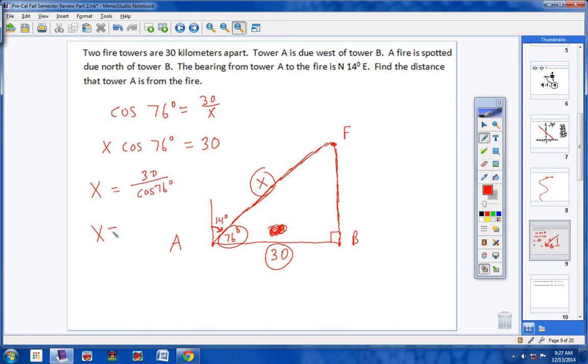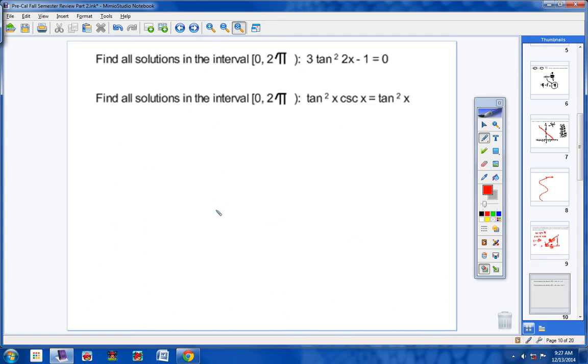So with your calculator, make sure you're in degrees, okay, guys? But 30 divided by cosine of 76 gives you 124.006. So we're dealing with kilometers, so the distance is 126 kilometers. Okay, moving on.